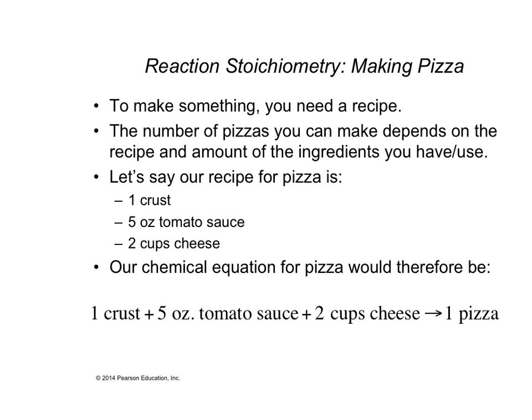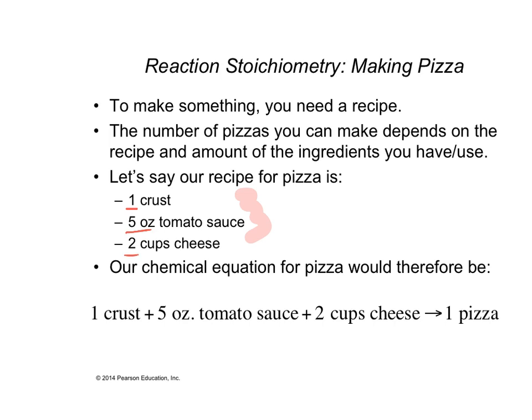So let's say that we went in and we looked up a recipe for pizza. And in that recipe, we needed crust, we needed sauce, and we needed cheese, okay? So for this chemical reaction, what are our reactants? The crust, the sauce, and the cheese, right? Also what is given in a recipe is the actual amount of things that you need, right? This tells you that in a recipe, you need 1 crust for every 5 ounces of tomato sauce and every 2 cups of cheese.